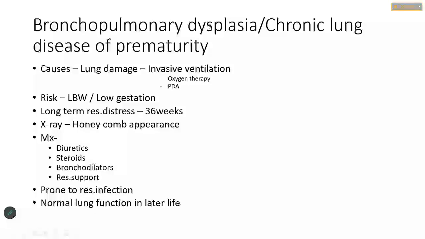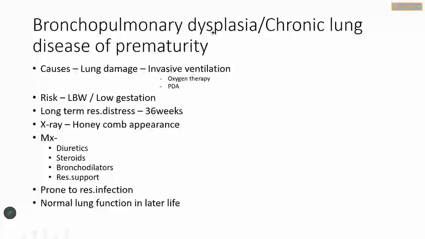Bronchopulmonary dysplasia itself explains the condition. There's a lack of development of the bronchopulmonary system, the lungs and the bronchi. This condition occurs due to damage to the lung. So why does the lung damage occur?